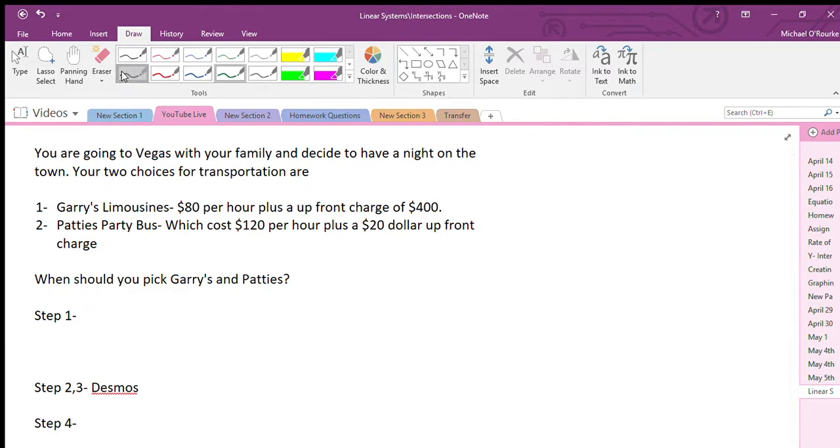So step 1, let's make our equations. So let's make Gary. And over here, I'm going to write my X and Y. Let's figure out what they mean. So our equations. The cost, we're looking for cost, is $80 per hour plus $400.